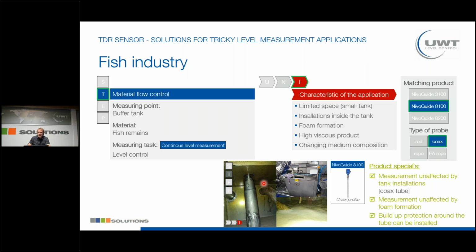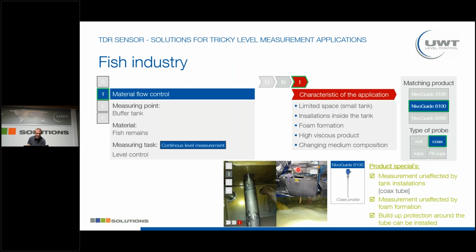The customer also installed a tube around the coax probe, which does not have any influence on the measurement but protects bigger fish remains from getting stuck inside the coax probe, and this worked perfectly. Also, you can see there was very much foam that formed, but the NeoGuide worked perfectly, and the customer was very satisfied with the solution here.